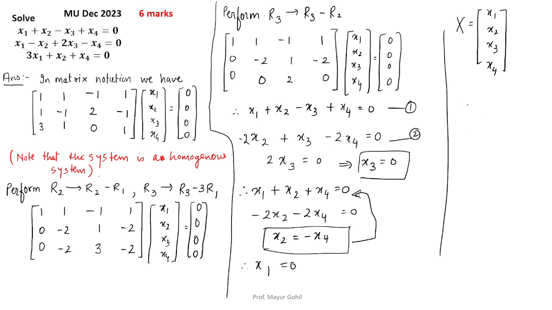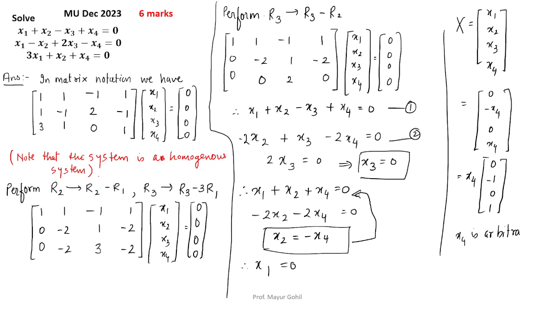We see that x1 has become 0, x2 has become minus x4, x3 has taken value 0, and x4 is the free variable. So all the solutions over here are of the format 0 minus 1 0 1, and x4 is arbitrary. This is the solution for 6 marks that was asked.